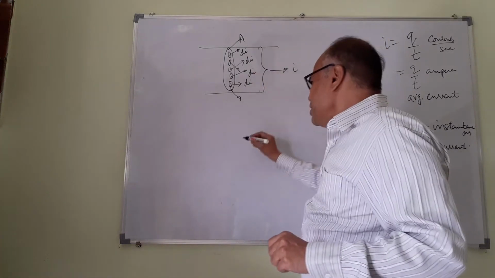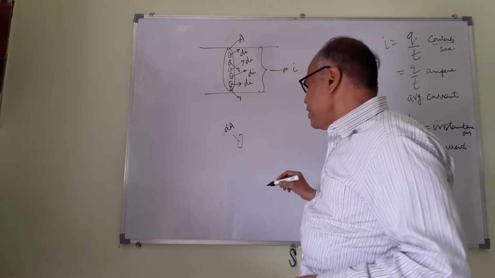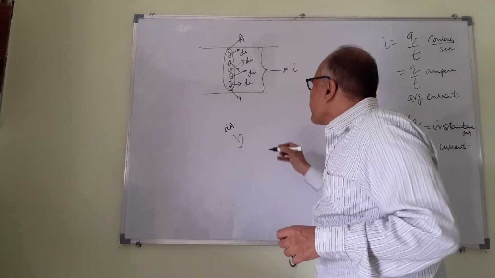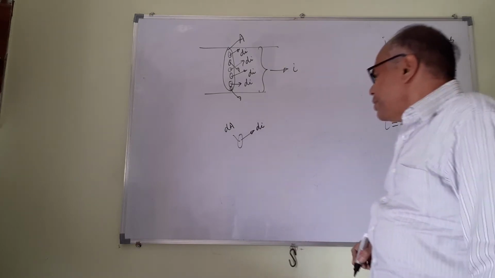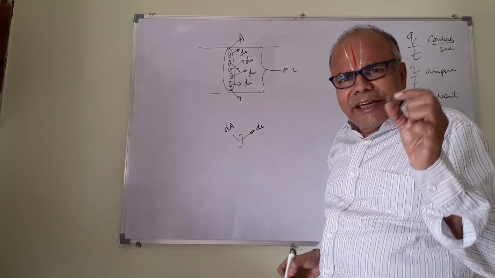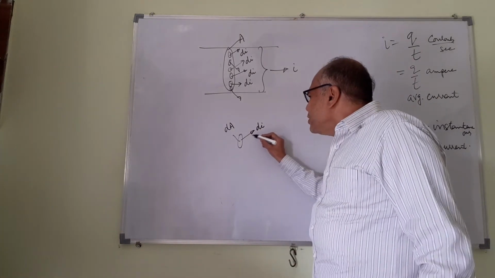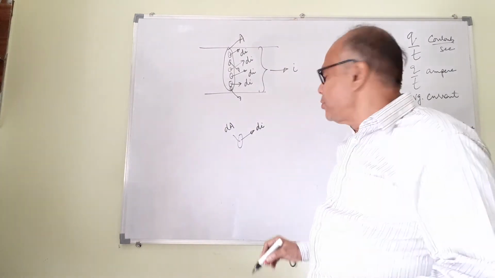Now let us take an infinitesimal area dA. If you take an infinitesimal area dA, the current would be di. Now in an infinitesimal area, that is an area tending to 0, the direction would be unique. di has got a unique direction.